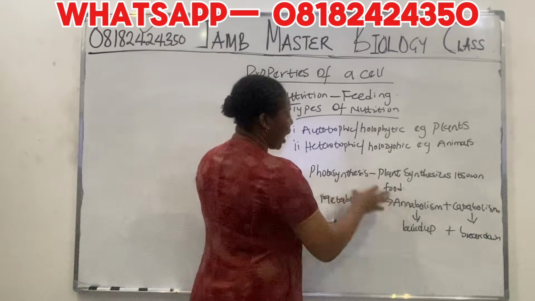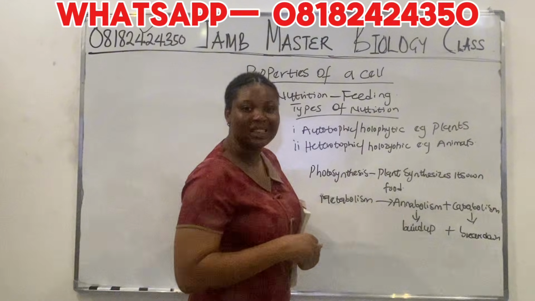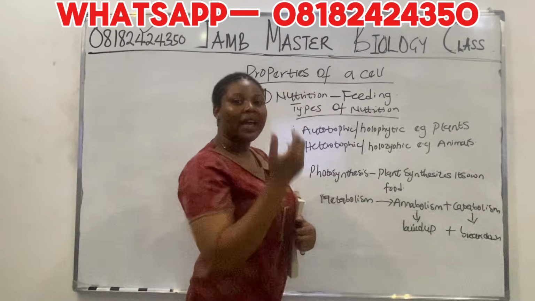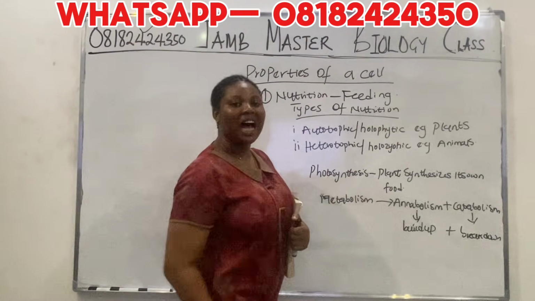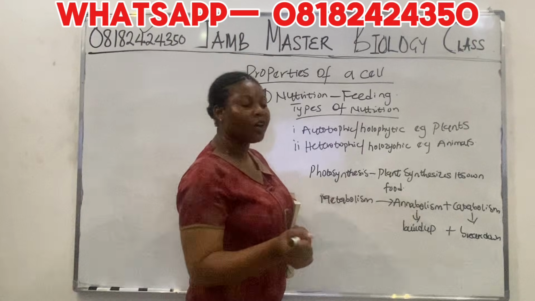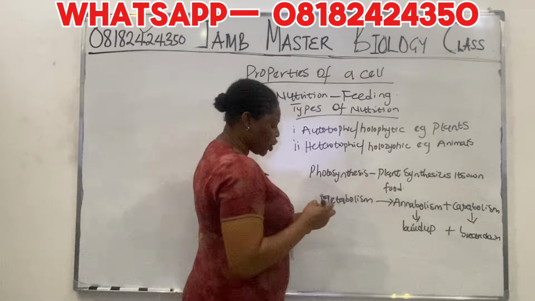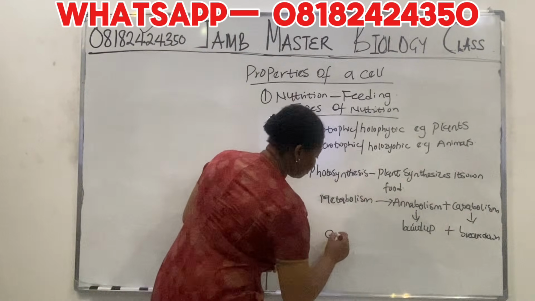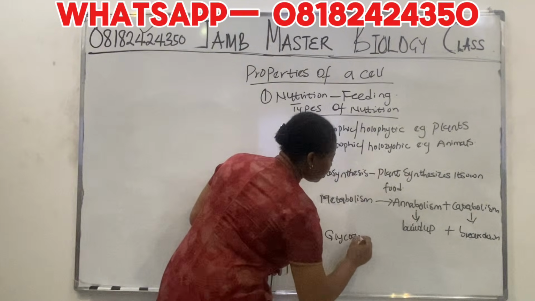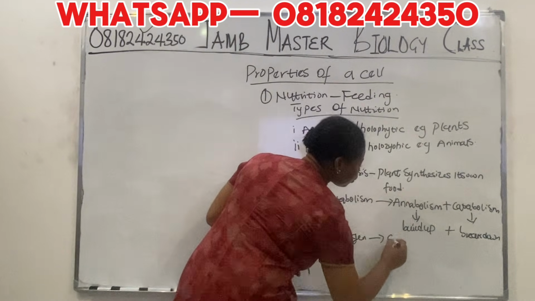An example of anabolism is photosynthesis, and any process in the body that has to do with building up. Example, we also have the formation of glycogen, and it is through glucose.